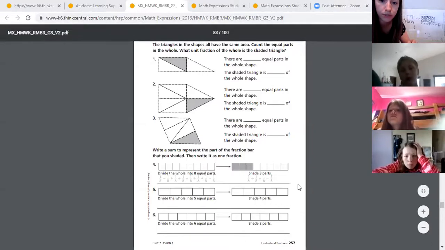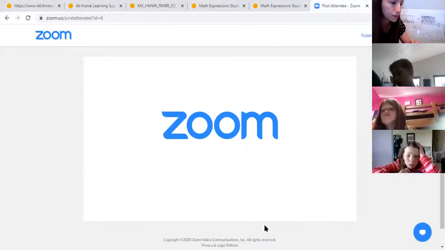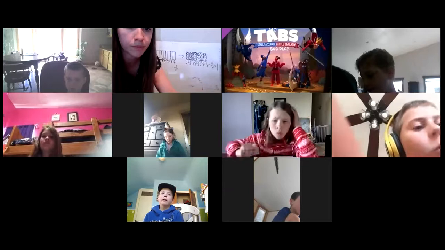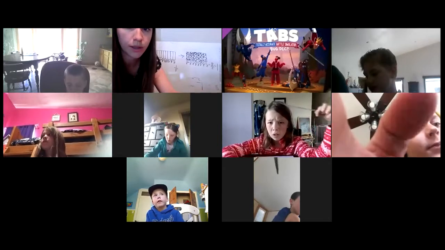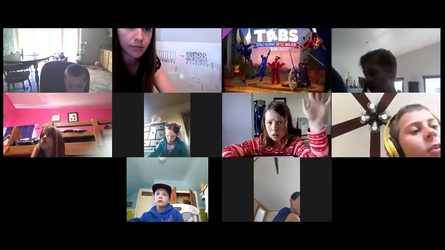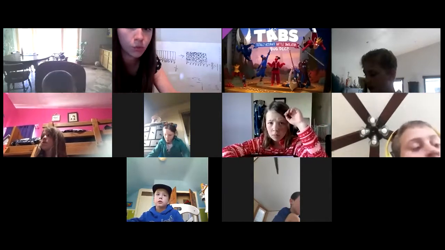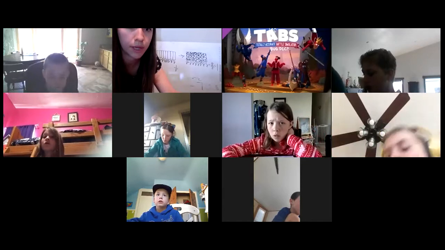This one is already done for us. We have 3 equal parts. What is the fraction for the shaded part, which would be 1/3? Any questions on that?